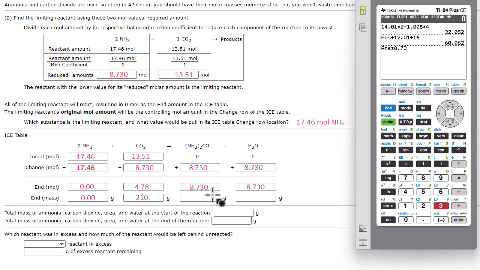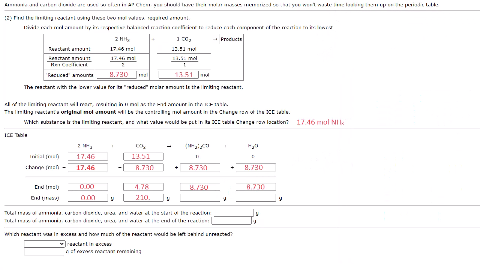Grams, moles times molar mass will give us the actual weight of urea we produced. 524 grams of this urea is what's produced. 524 grams. I've given it to 3 significant figures because I see the CO2 has got 3, and I'm left with that.